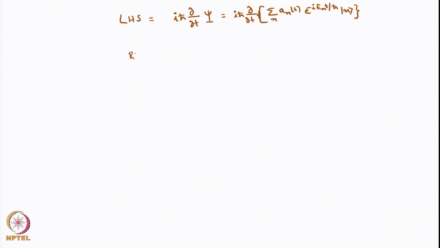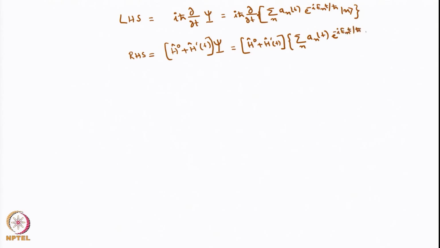And your RHS is equal to H naught plus H prime of t acting on psi. So, this is equal to H naught plus H prime of t acting on sigma over n a n of t e to the power of minus i E n t by h bar.